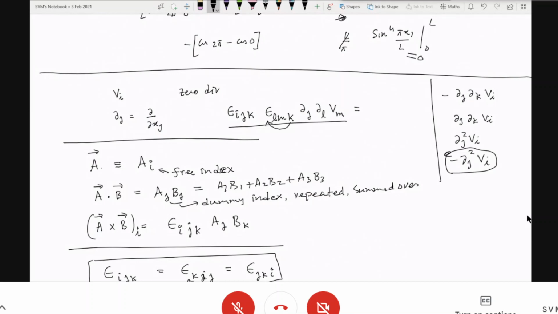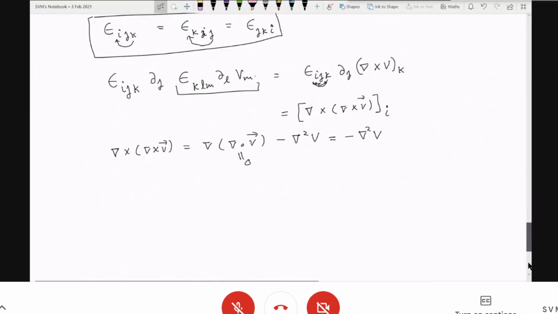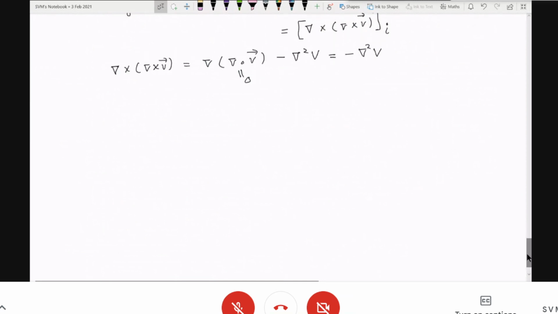One minute. So let us look at del square. Del square is del dot del, right? So del square V is del dot gradient of V. So del square is del dot del.